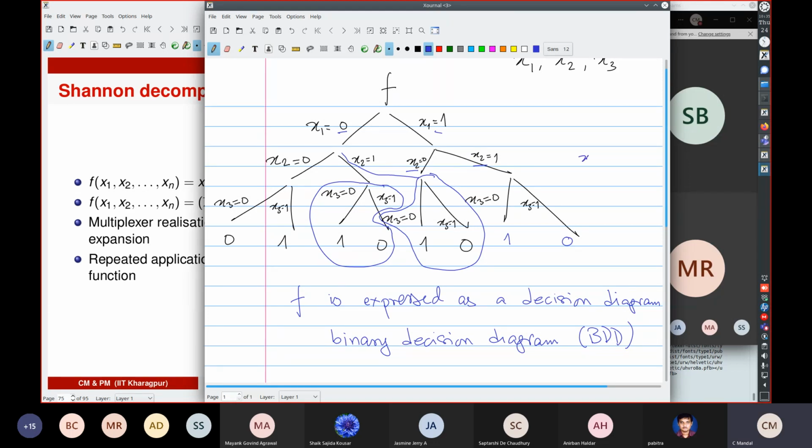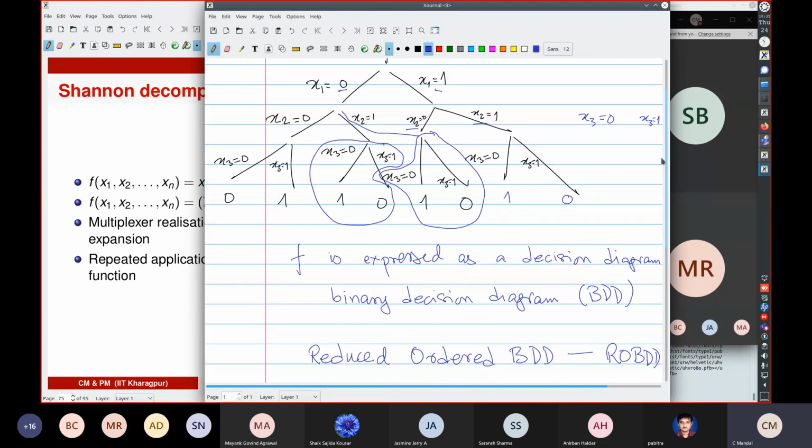You could have decided on x3 also in this branch. You could have considered x3 equal to 0, x3 equal to 1. It is possible, but in that case, if the decision variables follow an ordering. So here, of course, there is a simple ordering. The ordering is x1, x2, x3. It can be any permutation of this. And if you don't choose ordering, of course, the left and right branches could be evaluated independently.